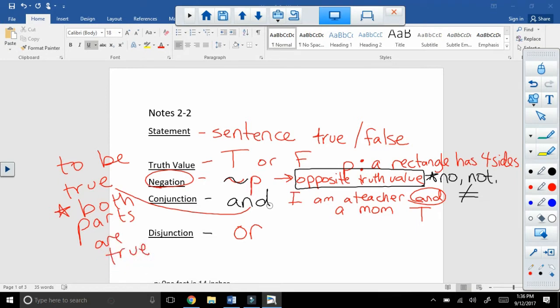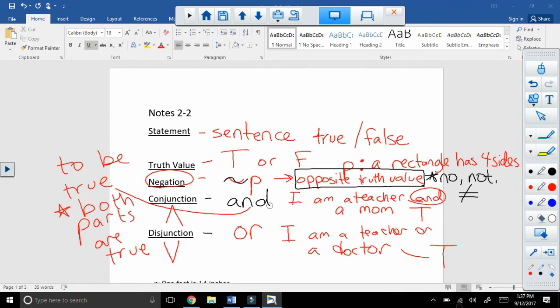And there's a symbol for that also. The symbol for an and statement actually looks like a capital A, just without the little line through it. For or statements, for our disjunction, if you reverse that, it kind of looks like a V. Those would be or statements. And I'll write one of those out quick too. If I write, I am a teacher or a doctor. I mean, I'm not a doctor, but since I am a teacher, this or statement would actually still be true.